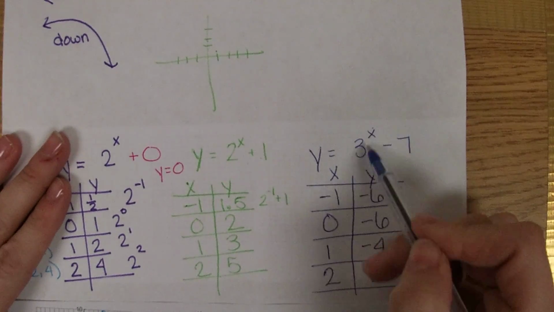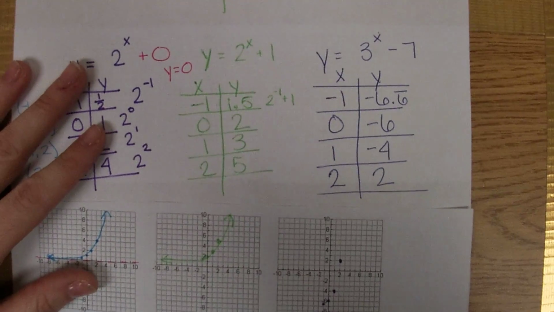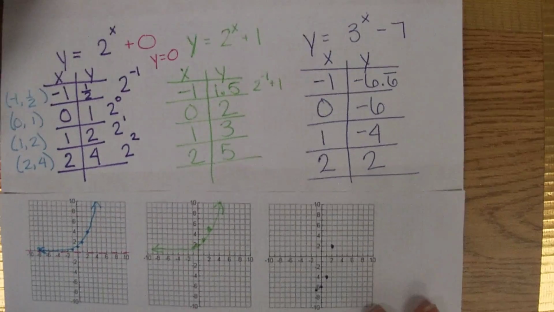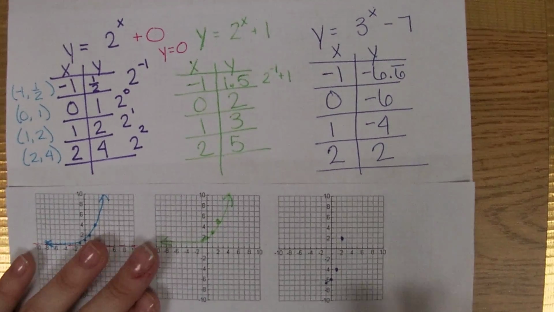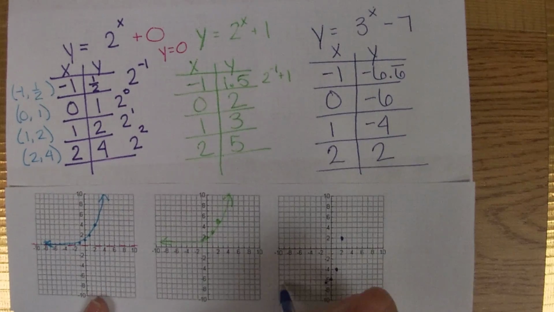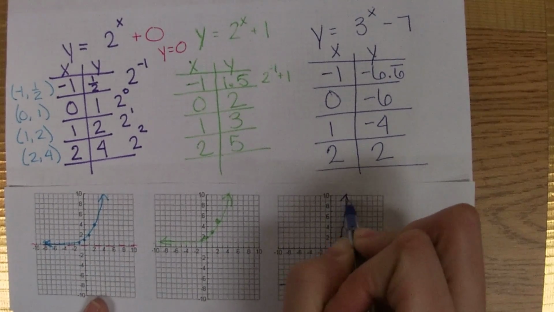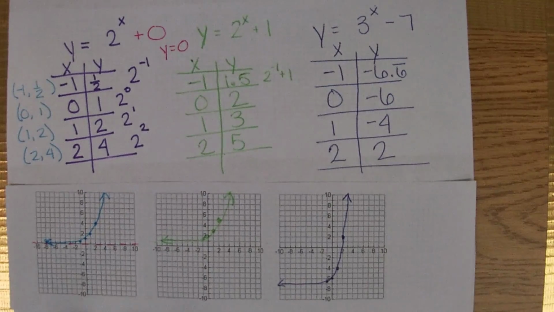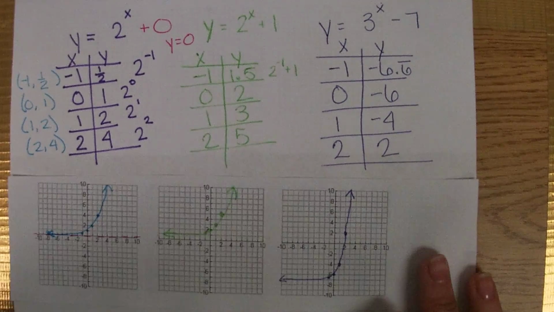So our asymptote here is y equals -7. When we look at our graph down here, sorry, my camera's kind of bouncing, we want to make sure that we don't cross this -7. So our graph's going to come across here, getting super close to -7, but not actually crossing it. And that's what our graph should be.